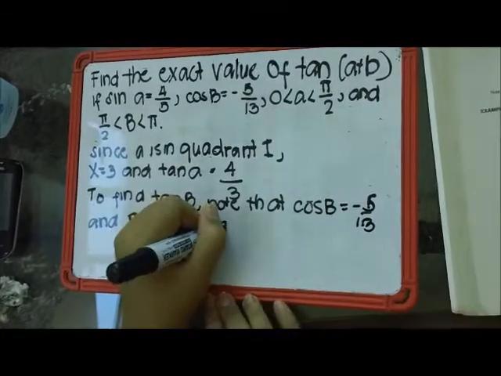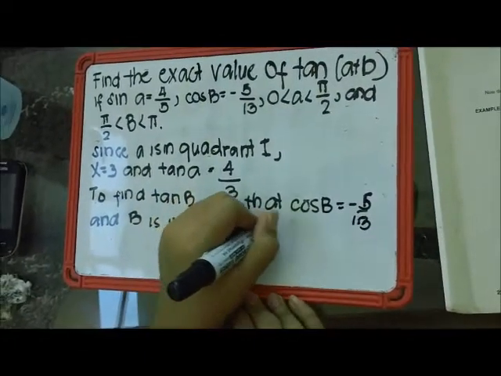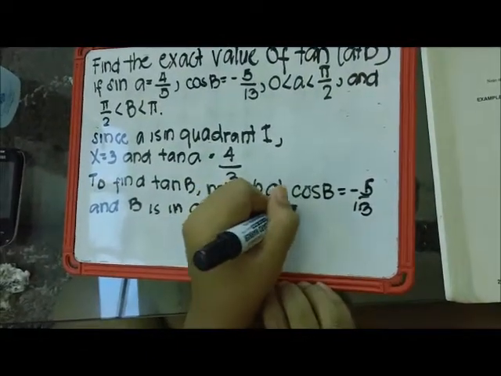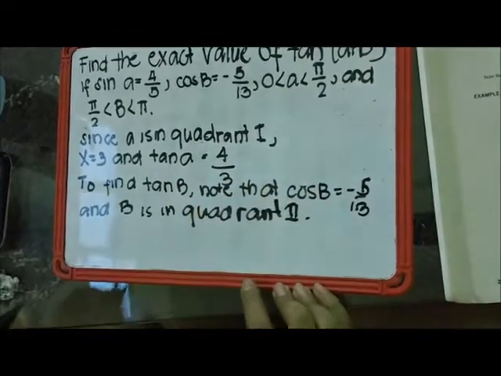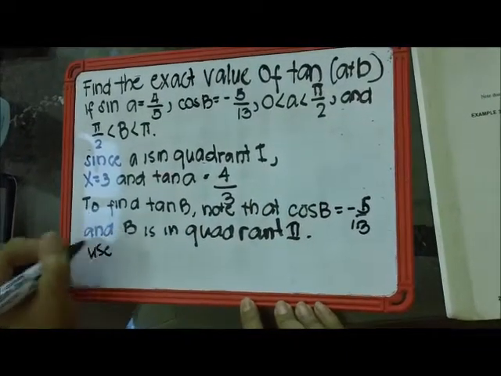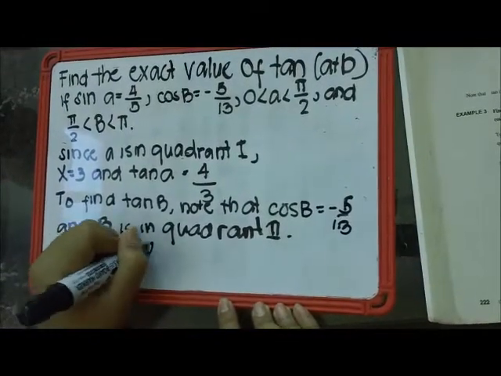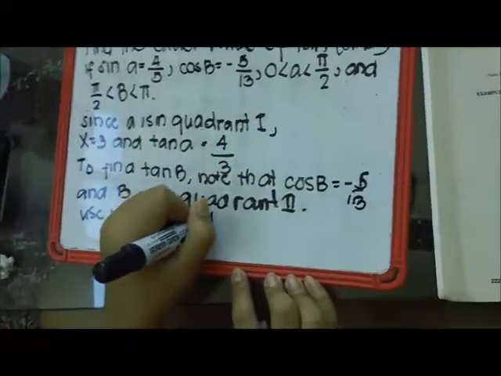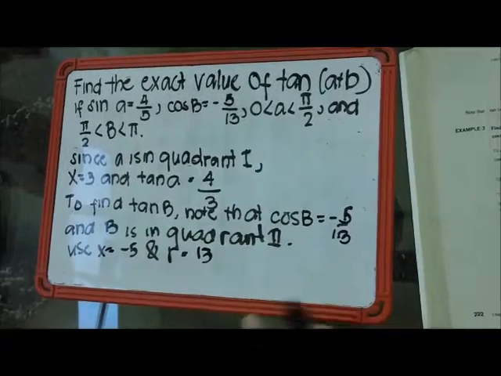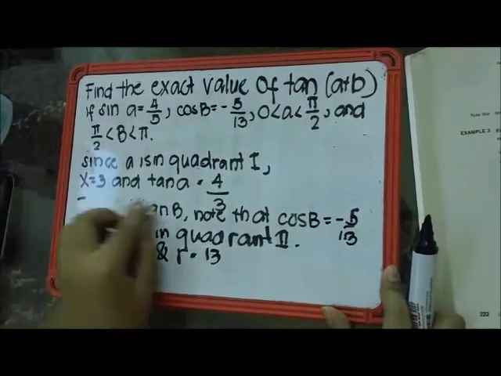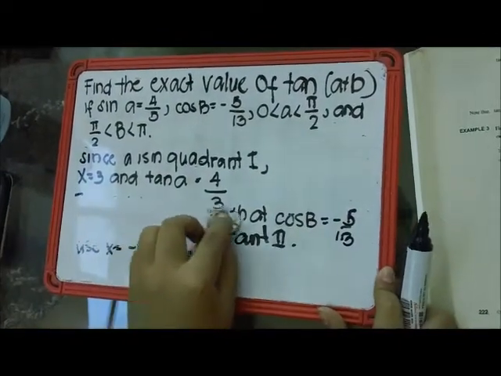We use x equals negative 5 and r equals 13. We then sketch a triangle with their respective side lengths.